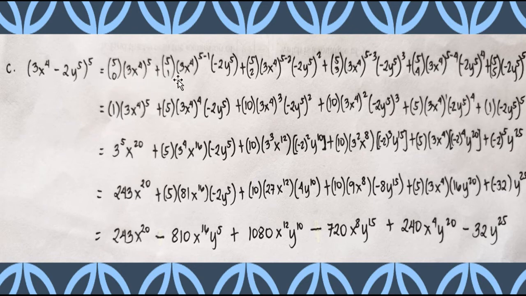Plus, kana, dayon, minus 1 na pod. Dayon, 1 ang power ni B. 5 taken 2 at a time. Minus 2 sa 5 ang power ni A. Then sa B, squared na pod.